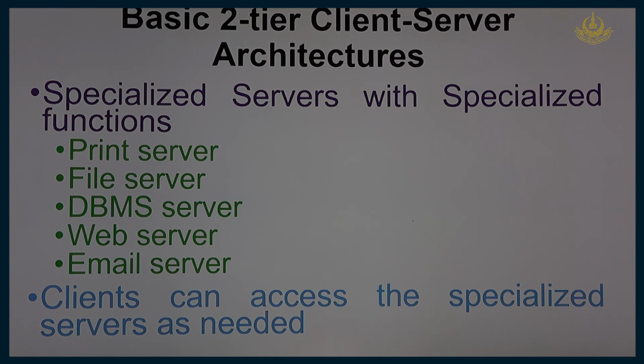The file server manages the files or data of any organization. The database management system server, the DBMS server, is a machine on which a database is installed. A web server is a machine on which a website is hosted, and an email server is a machine that sends and receives email.